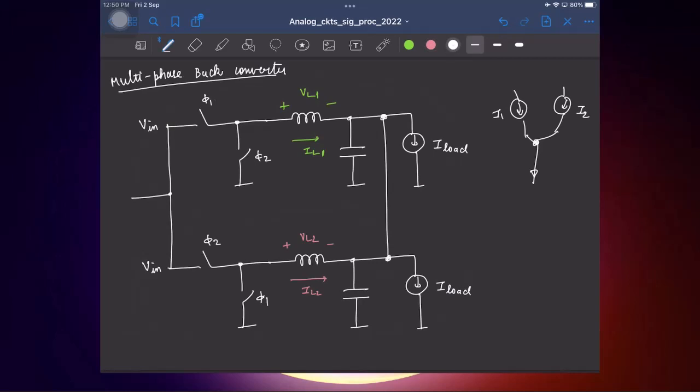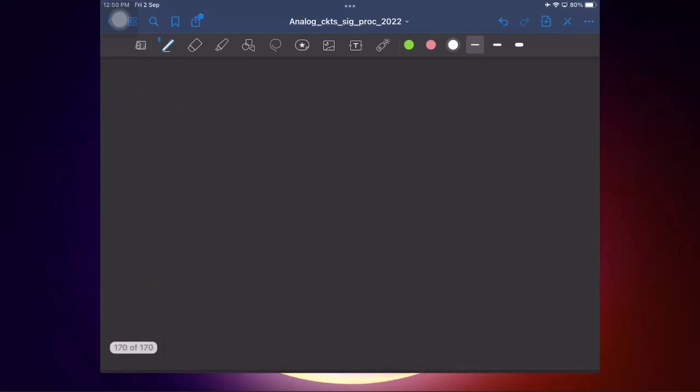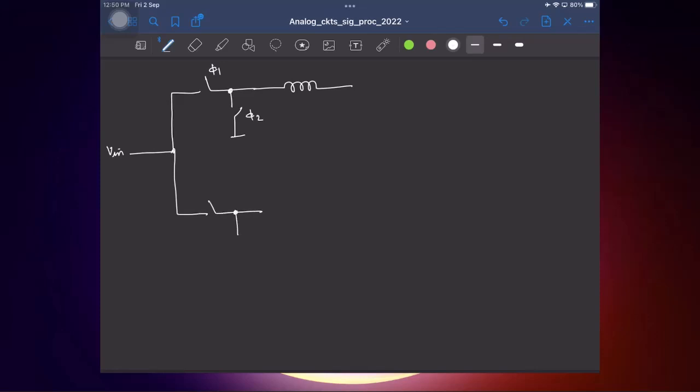Okay. So let me redraw it and reduce clutter. So the same input is given to the original network clocked with phi 1, phi 2, and we have the inductor. Here I have phi 2, phi 1, more inductor, and I have to sum up these two, right?